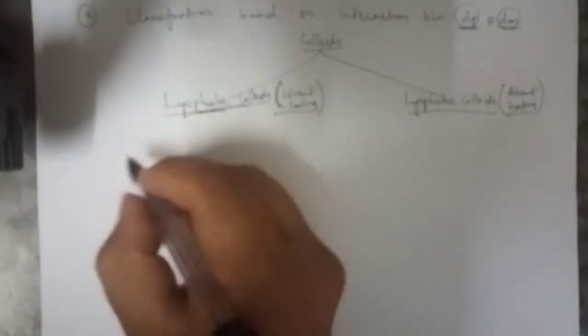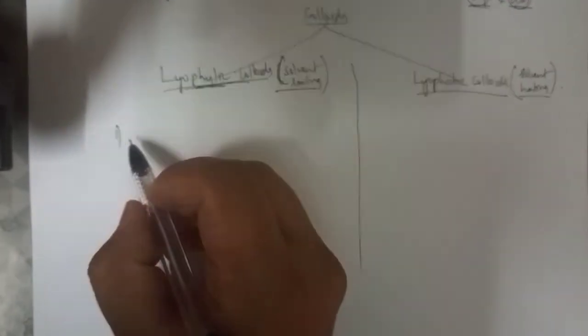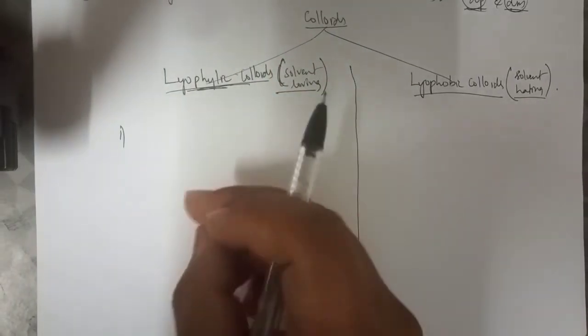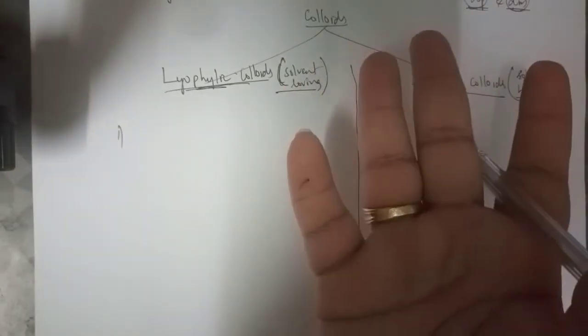So now the first one, what is the main difference? This also I speak in terms of differences only, so that you can relate easily. By the name itself you can understand that lyophilic colloids have a great affinity. There is a greater force of attraction between DP and DM. Solvent is nothing but our DM, right?